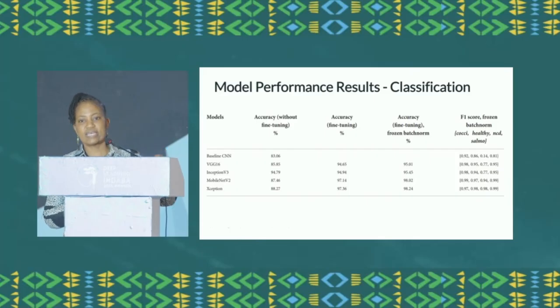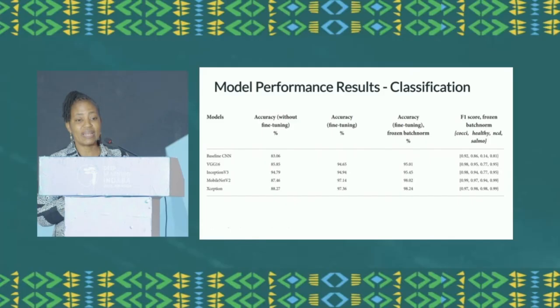On the third set of experiments, we froze the batch normalization layers of the base model in order not to update the mean and variance of these layers, and the accuracy improved slightly. The corresponding F1 scores for each class are indicated there.